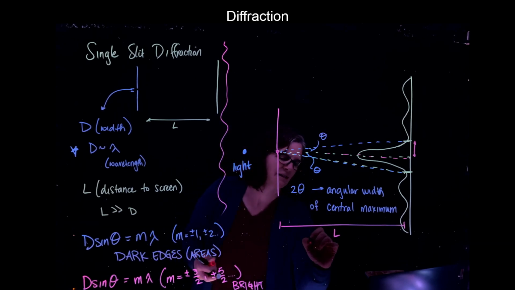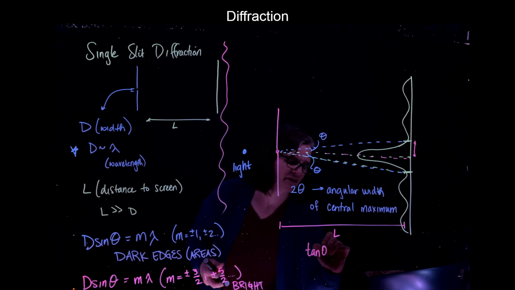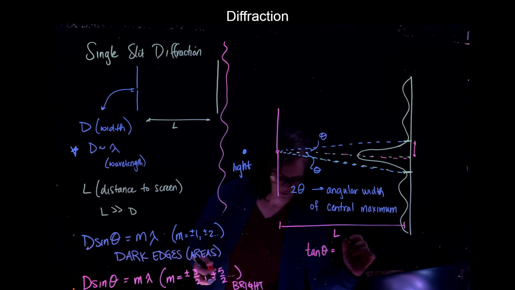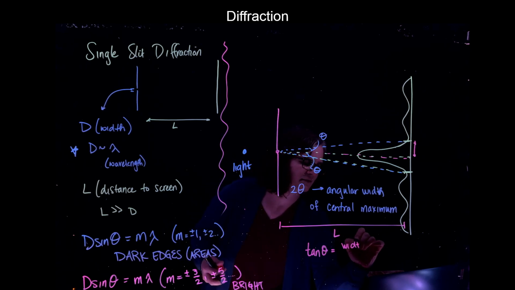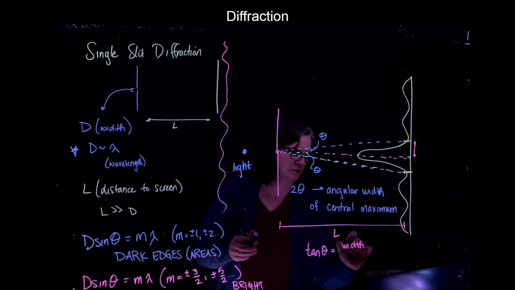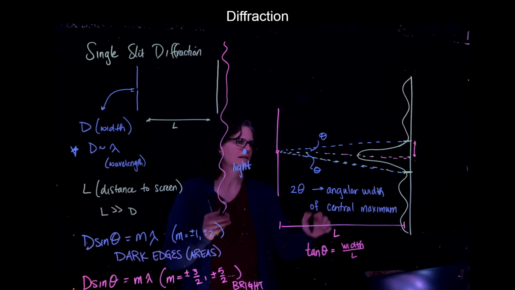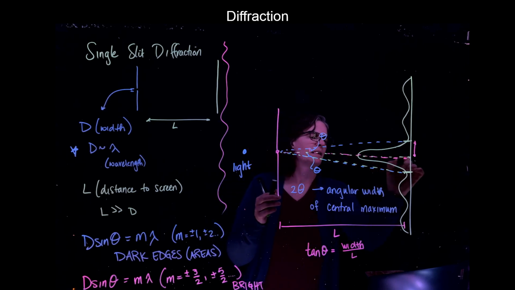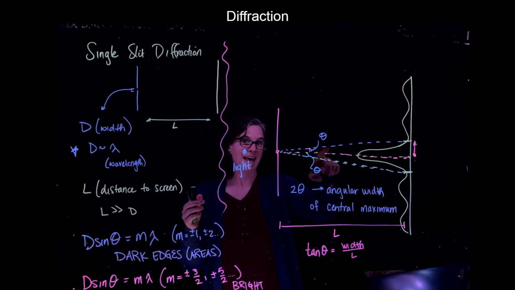The tangent of this theta we know is equal to the width of my central maximum divided by the length. So here's my angle, here's my length, here's my width.